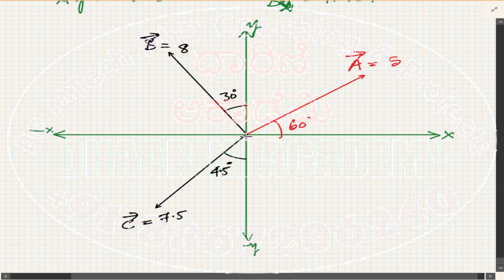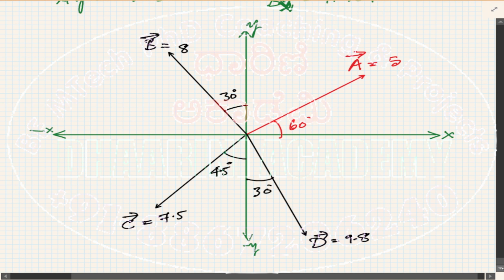And another vector in a different quadrant, vector d equal to 9.8, and let's say this angle is 30 degrees. Now we need to find ax, ay, bx, by, cx, cy, dx and dy.